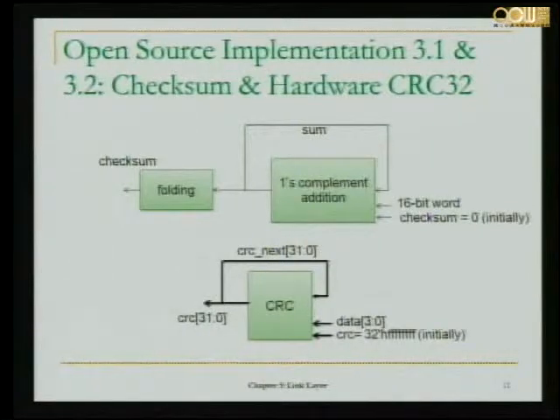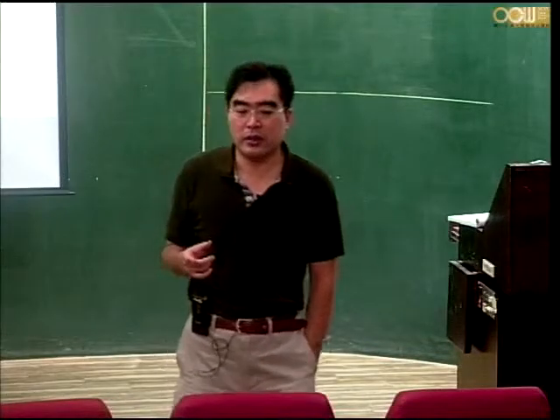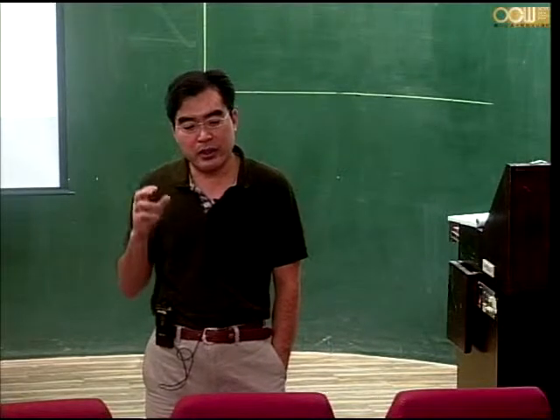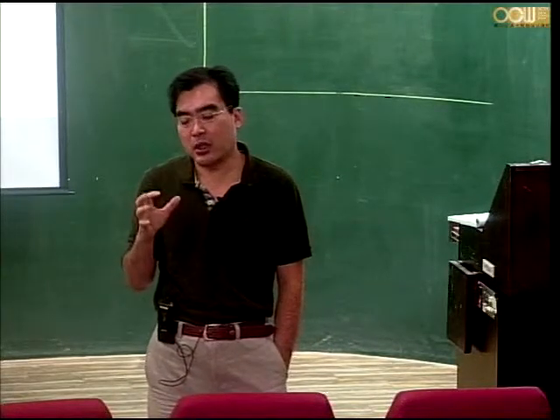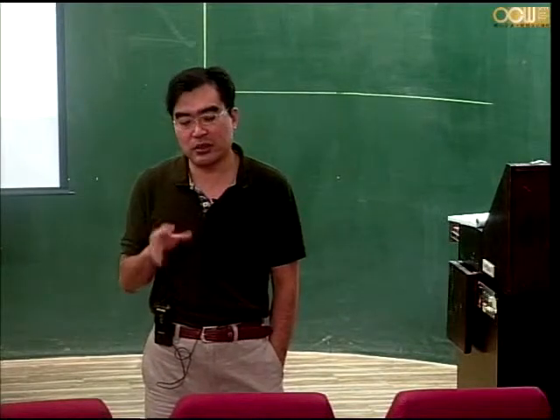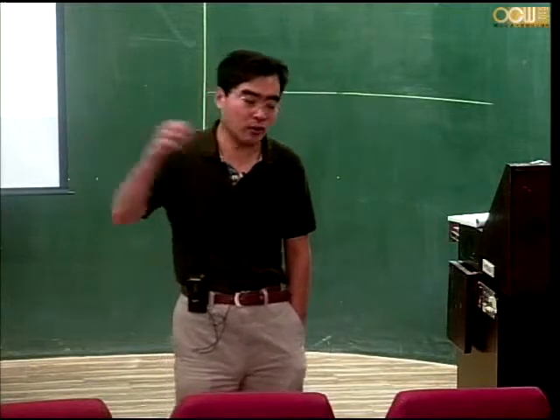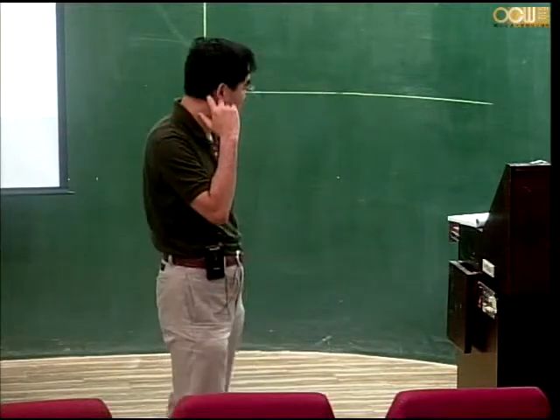But it's not used in the link layer. The link layer does not use Checksum. They use CRC. We put it here just to show how it could be implemented, but actually it's not in use in the link layer. And the code is drawn from one RFC.